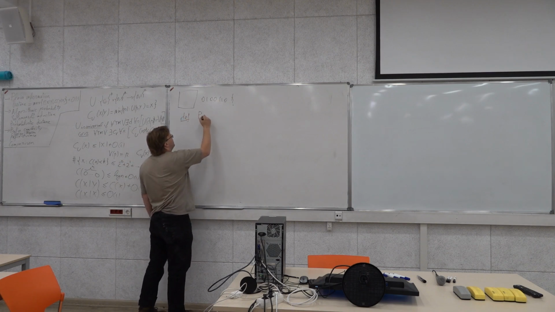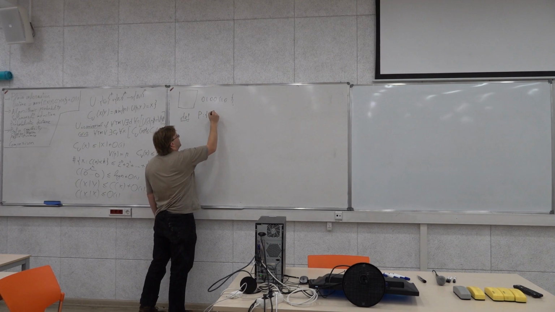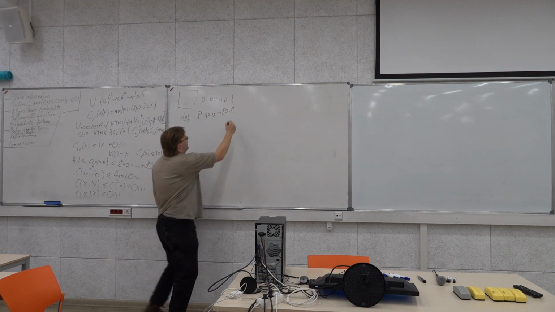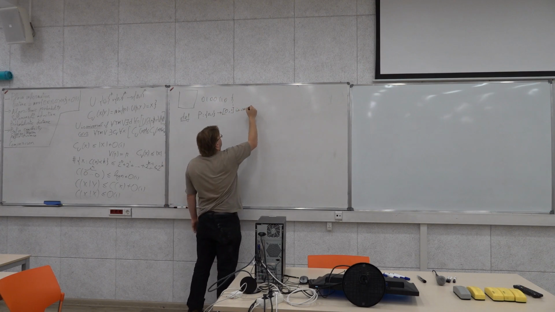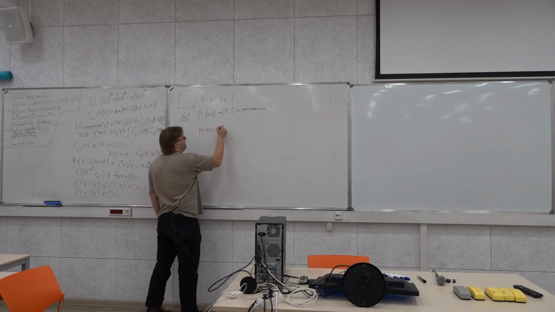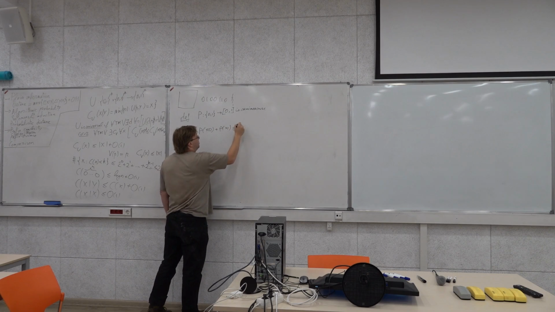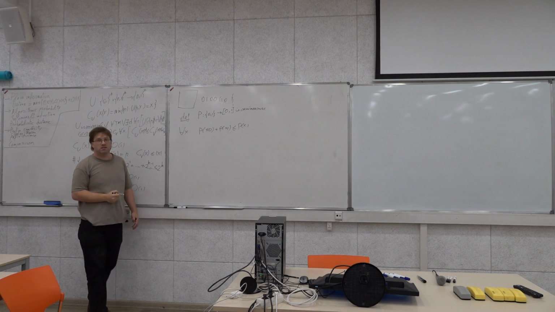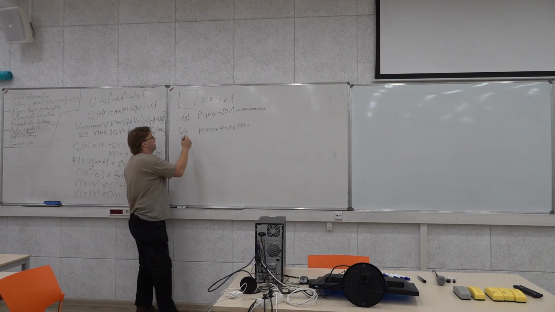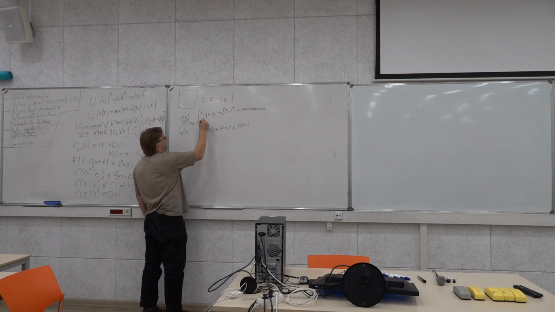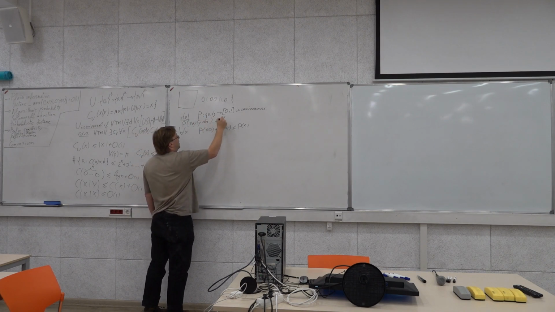P is a mapping from strings to the real interval [0, 1], and we say that it's a semi-measure if P(x0) + P(x1) ≤ P(x) for every string x, and also P of the empty string is bounded by 1.